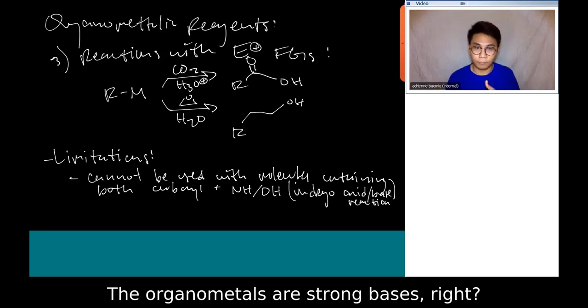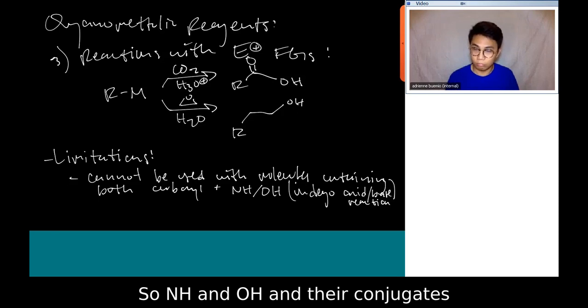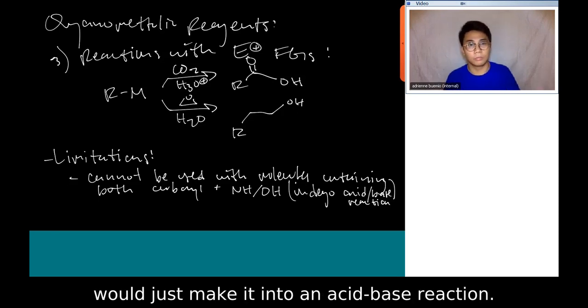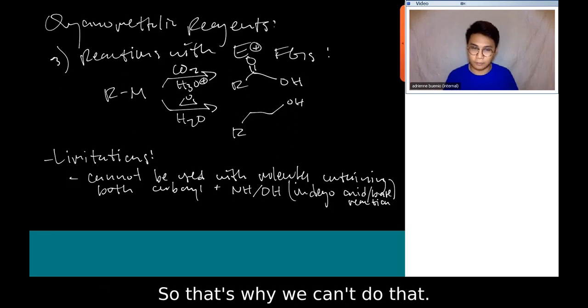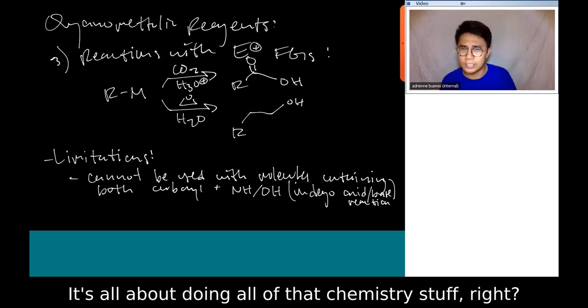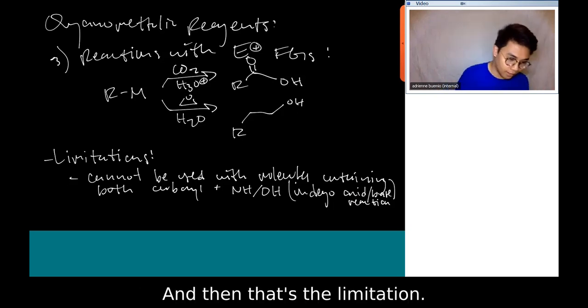That organometals are strong bases, right? So NH and OH, and the conjugates will just make it into an acid-base reaction. So that's why you can't do that. And it's all about the conjugates. It's all about doing all of that chemistry stuff, right? So, okay. And then that's the limitation.